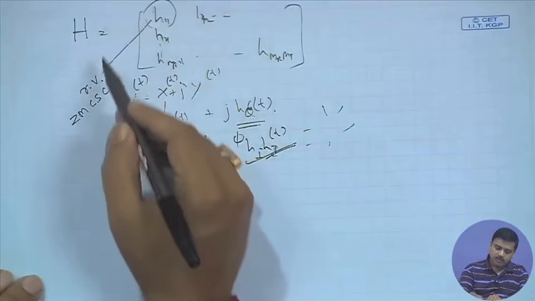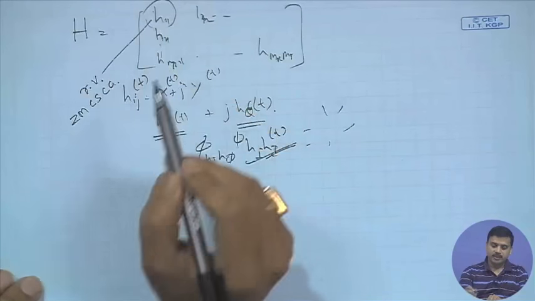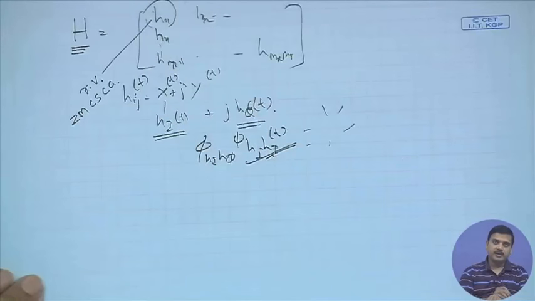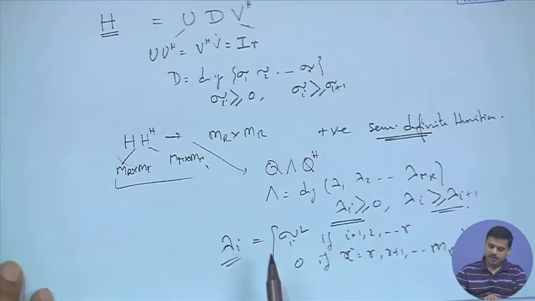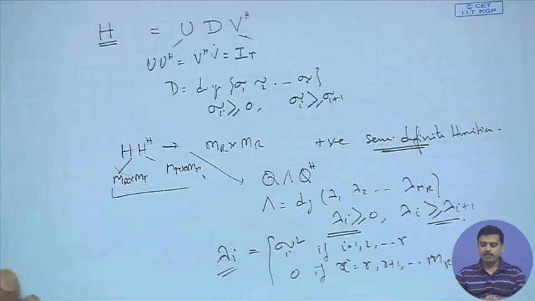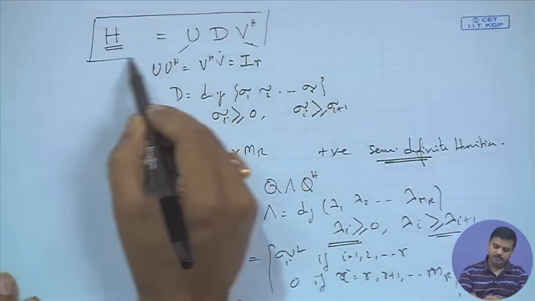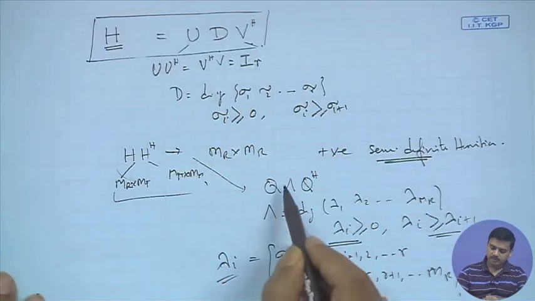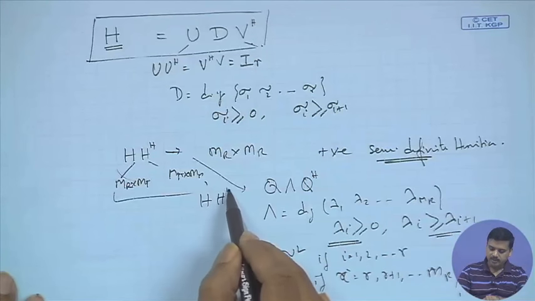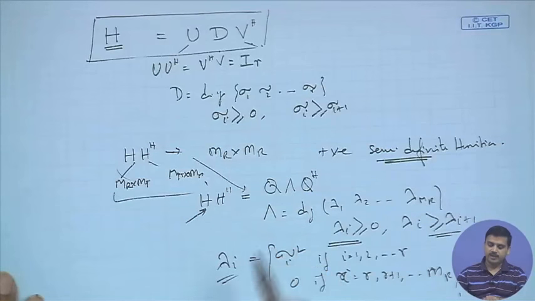So what we essentially want to say is that H contains random variables which have been very well studied, so H itself is a random matrix. If H is random, then these lambda i's, these eigenvalues or the singular values, must also be random, because H Hermitian can be factored into this, and the moment H is different, of course it's going to have a different set of eigenvalues.